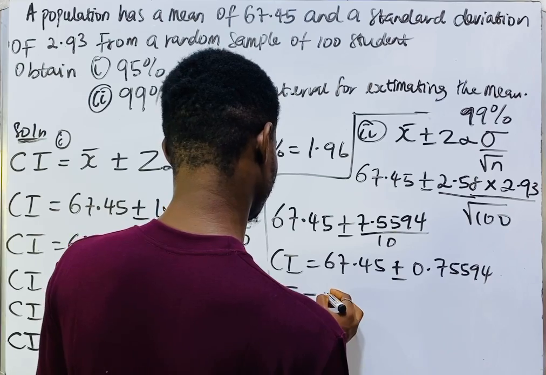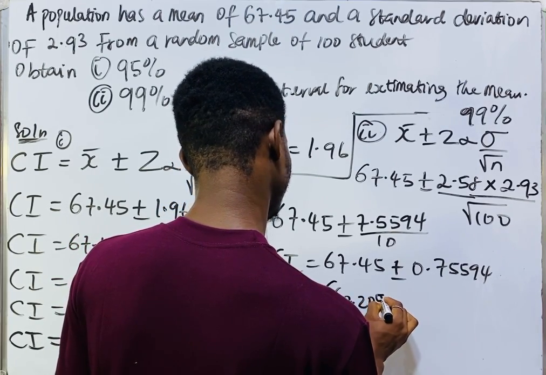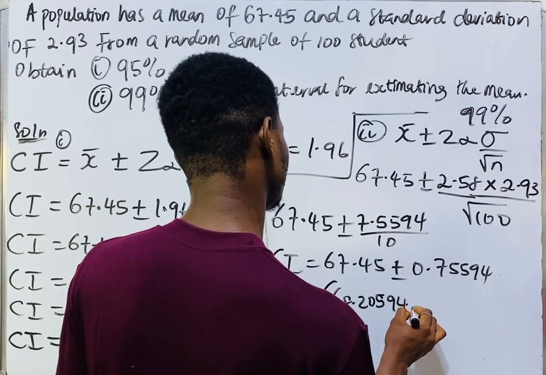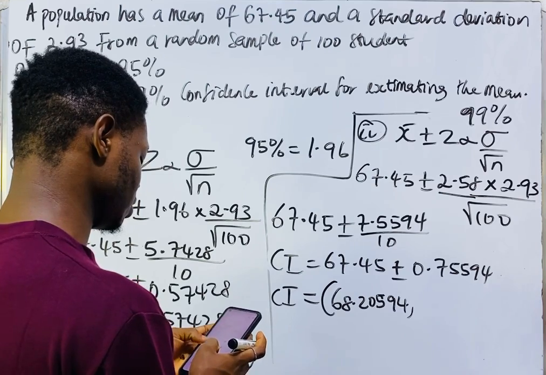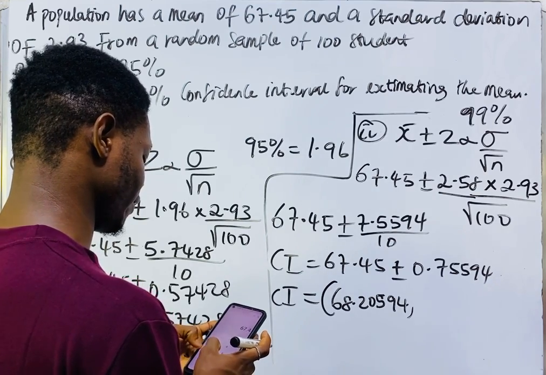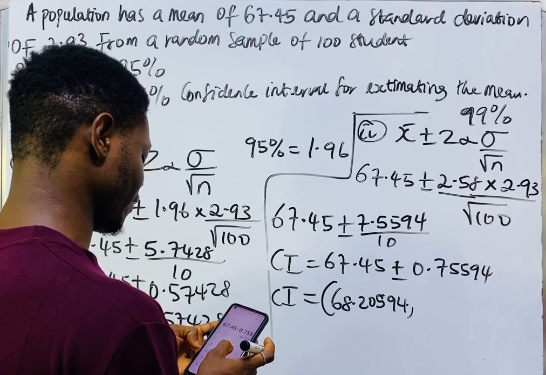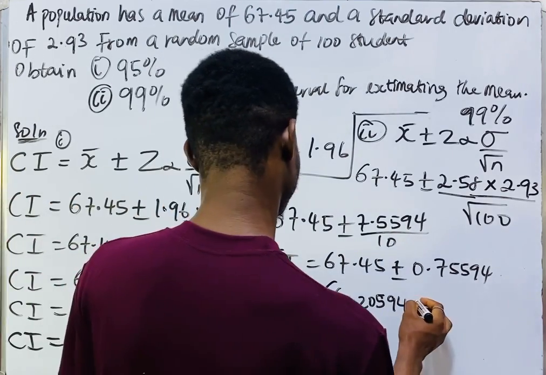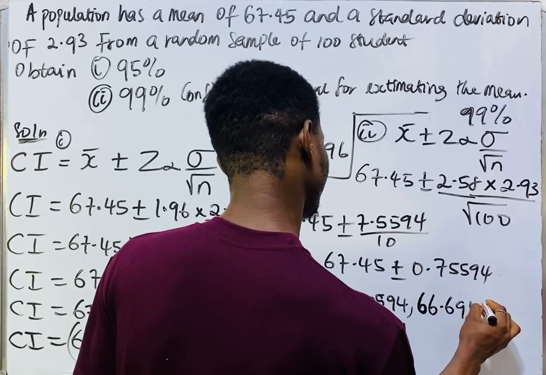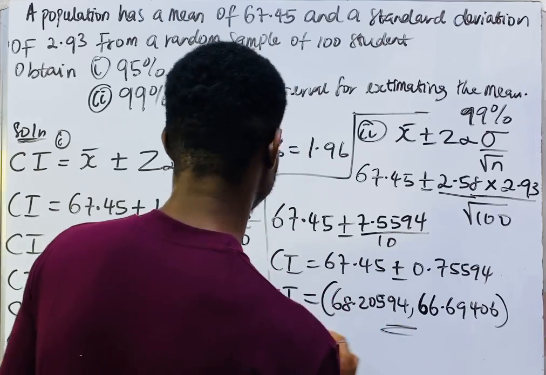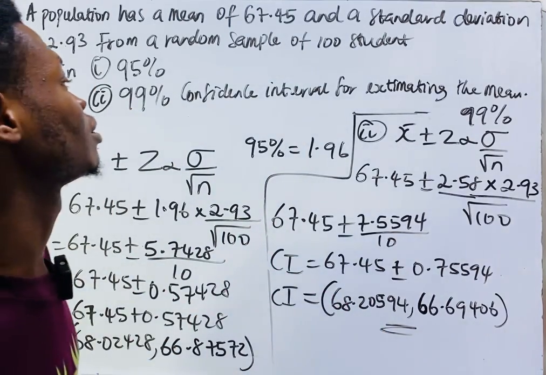We are doing for plus now, so 67.45 plus 0.75594 gives us 68.20594. Then let's do for minus, because it has plus or minus. That's 67.45 minus 0.75594, which gives me 66.69406. So these are the confidence intervals for estimating the mean.